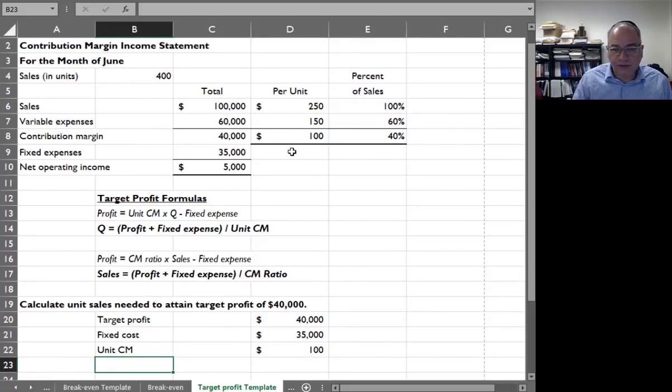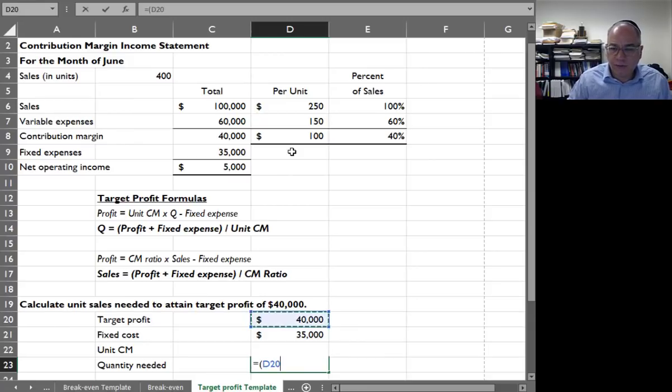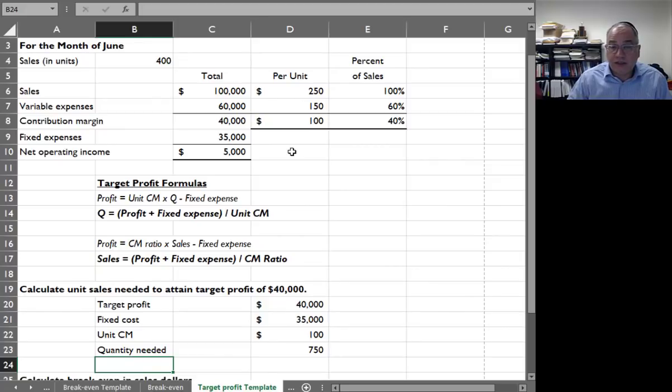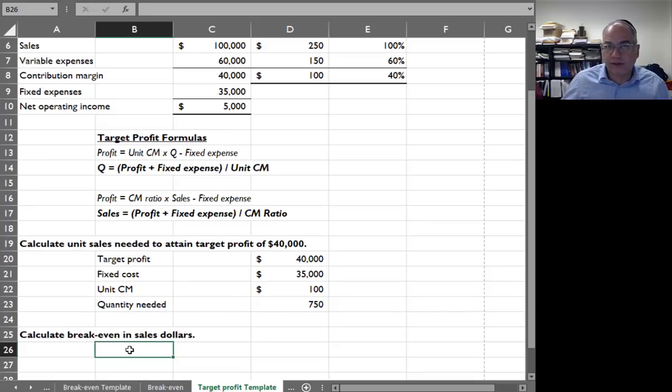And then plug them all into the formula. To get the number of units needed, that would be 40,000 plus 35,000 divided by the unit contribution margin, and you get 750 units. This is the same as the formula before, except just having the fixed expense in the numerator. I'm going to have profit plus fixed expense, the target profit plus the fixed expense.